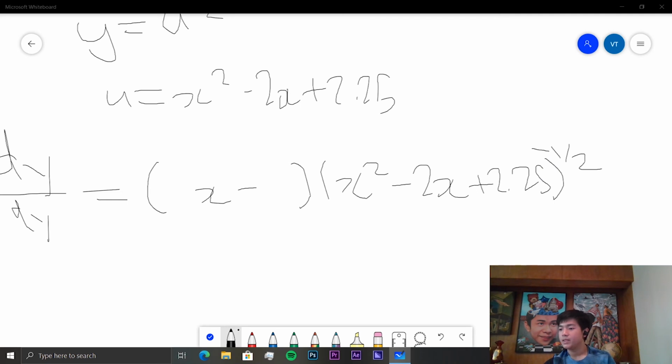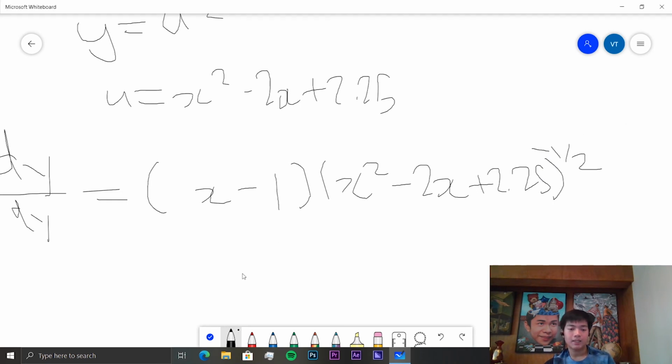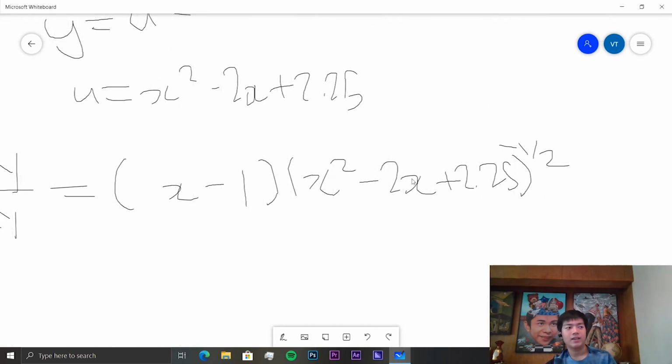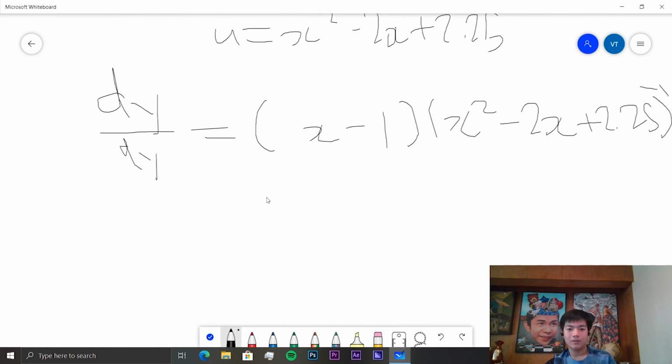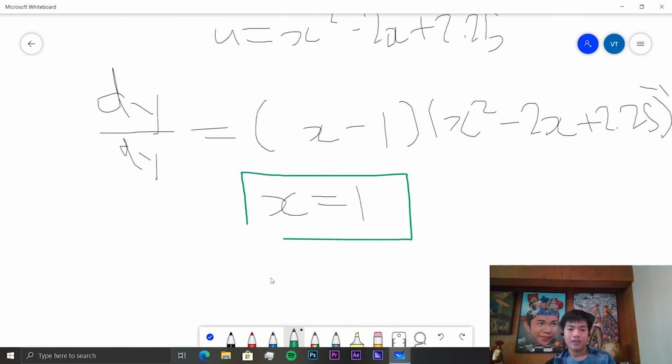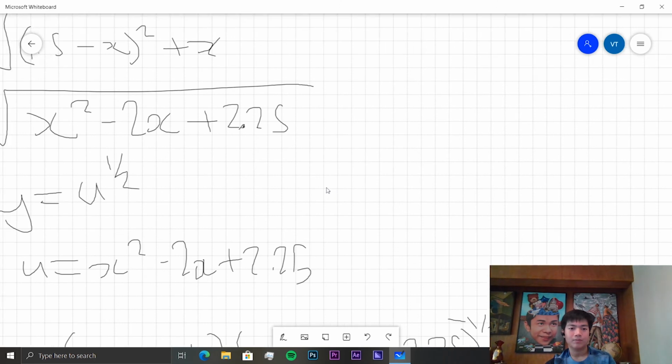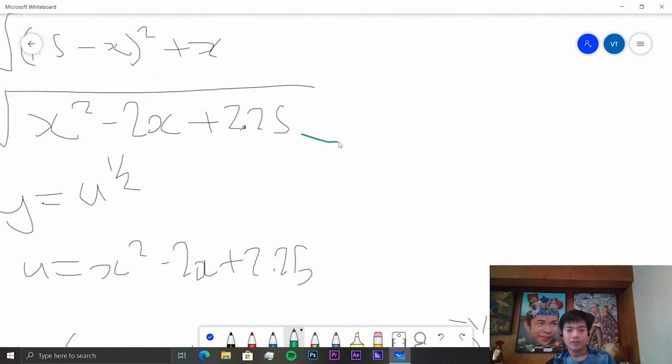So, knowing that, what do we get? This is x minus 1. Since this part over here cannot be 0, our only real root is, I think, x is equal to 1. So at this point, we need to find the distance. So we'll put it back into the original equation. When x equals 1, we have 1 minus 2 plus 2.25.